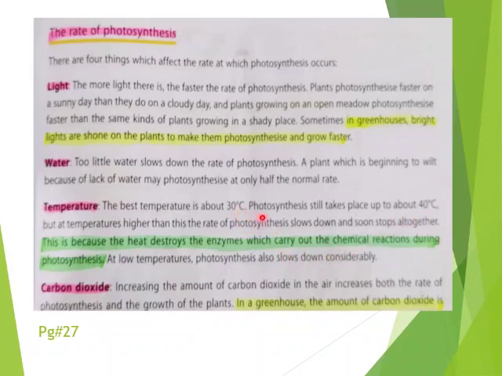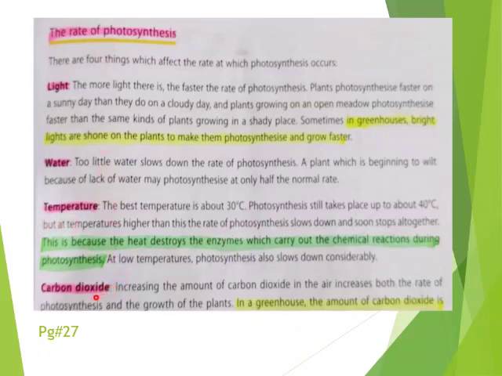The reason is that photosynthesis is a chemical reaction occurring in living things, and this chemical reaction is controlled by living chemicals called enzymes. Enzymes can carry out their work only when the temperature is proper, when it is normal. Low or high temperature will affect the enzymes' working. So temperature is also affecting the rate of photosynthesis.